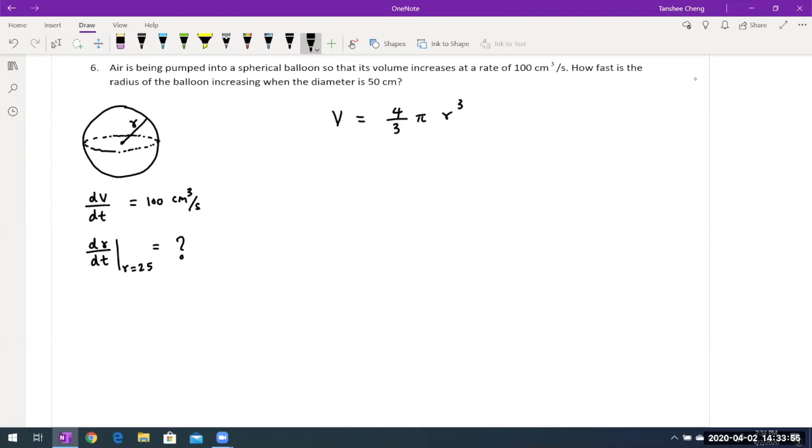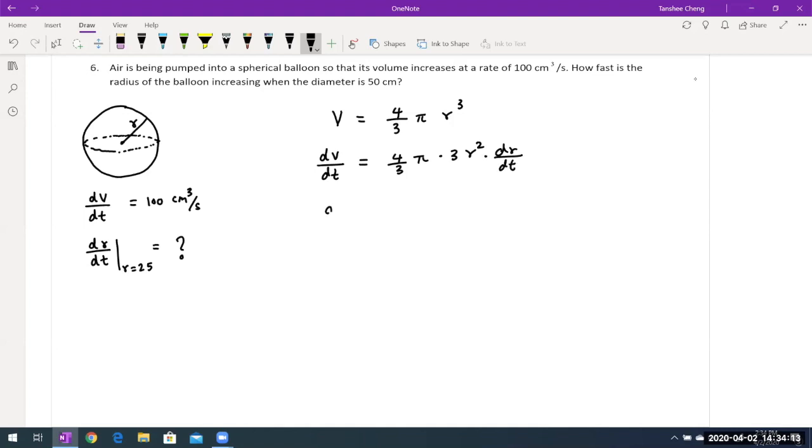So now if I take derivatives with respect to time on this, it'll be dV/dt, which is equal to 4/3 pi times 3r squared dr/dt using the chain rule.